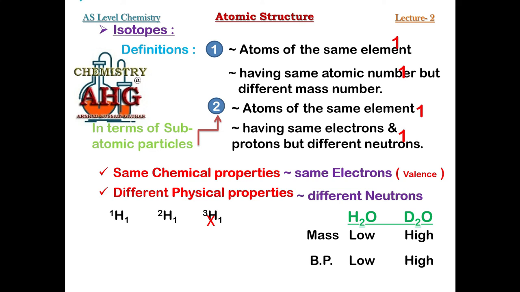Look at the reaction. If you are given sodium and you mix it with normal water, you can see that normal water on reaction with sodium has produced sodium hydroxide, NaOH, plus H2. This is the equation for the reaction of sodium with normal water.